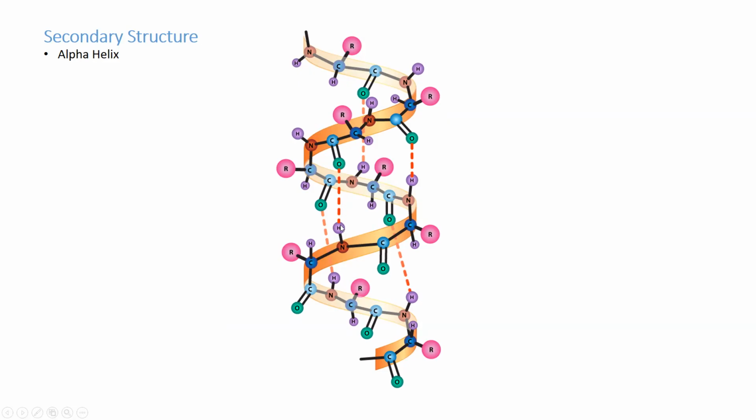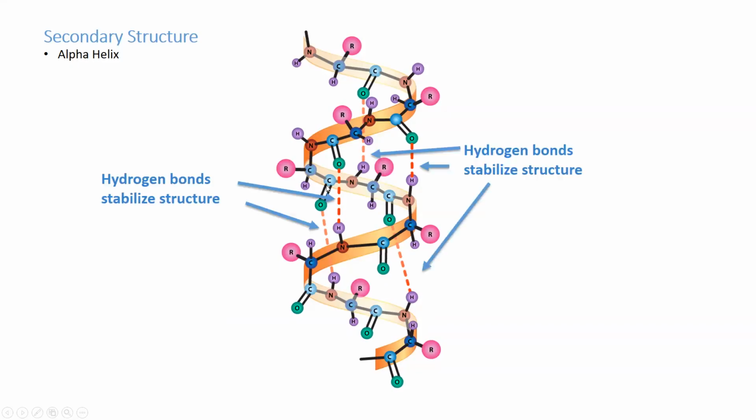So now the hydrogen, which is more electropositive, will have this dotted weak bond known as the hydrogen bond. This hydrogen bonding will lead the primary structure to fold upon itself in a helix like that. See, the hydrogen bonds stabilize the alpha helix.